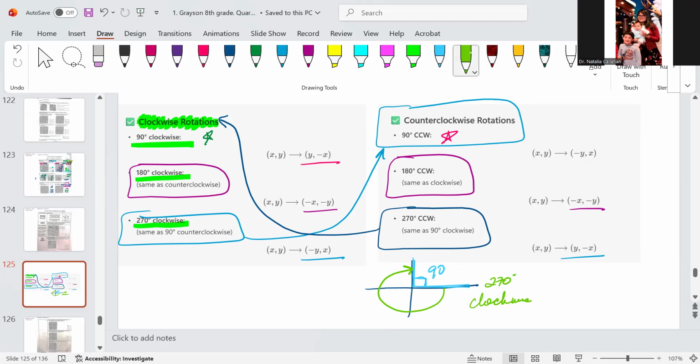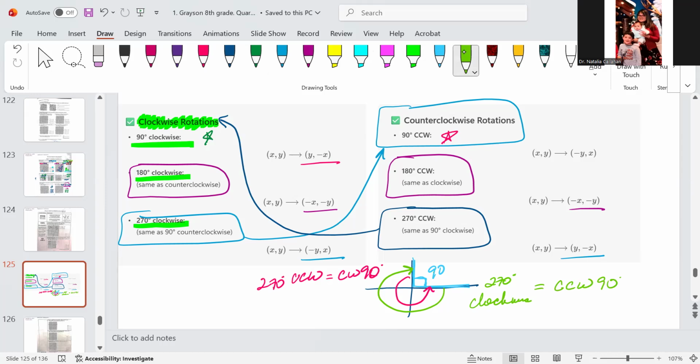So 90 degrees counterclockwise is the same as 270 clockwise. Similarly, 270 degrees counterclockwise is the same as 90 degrees clockwise. Do you see the relationship there?